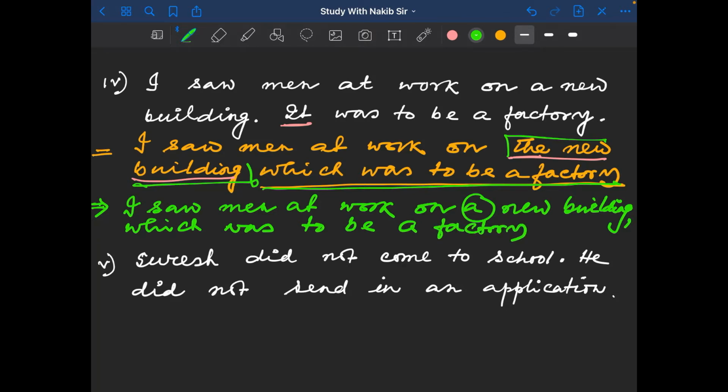So which was to be a factory is a continuative relative clause. For this you must use one comma before it, and the sentence is a compound sentence.